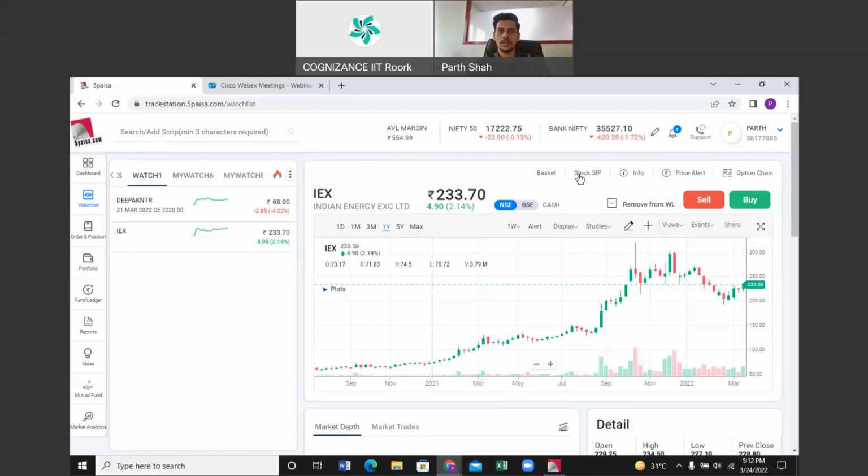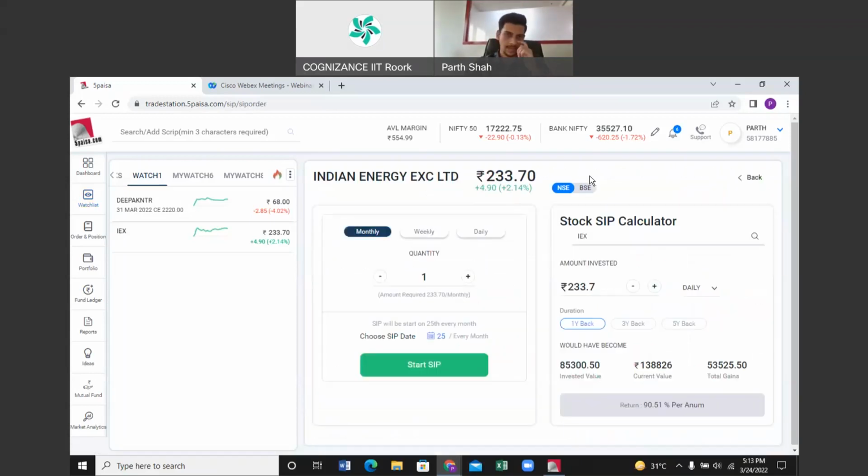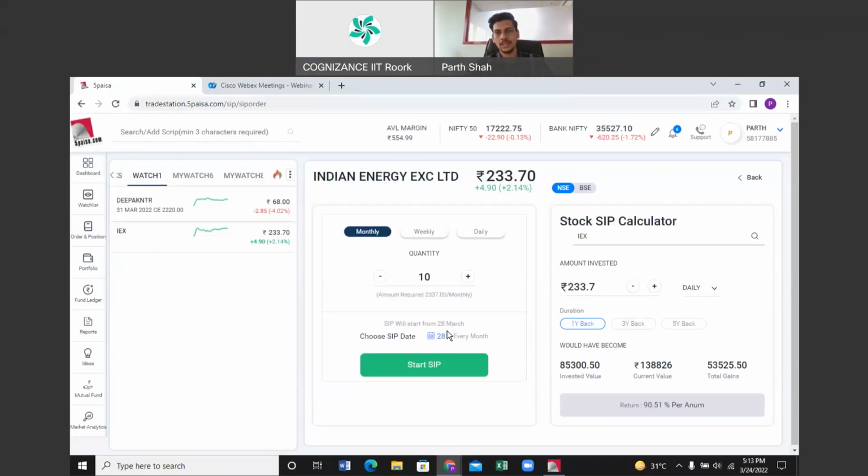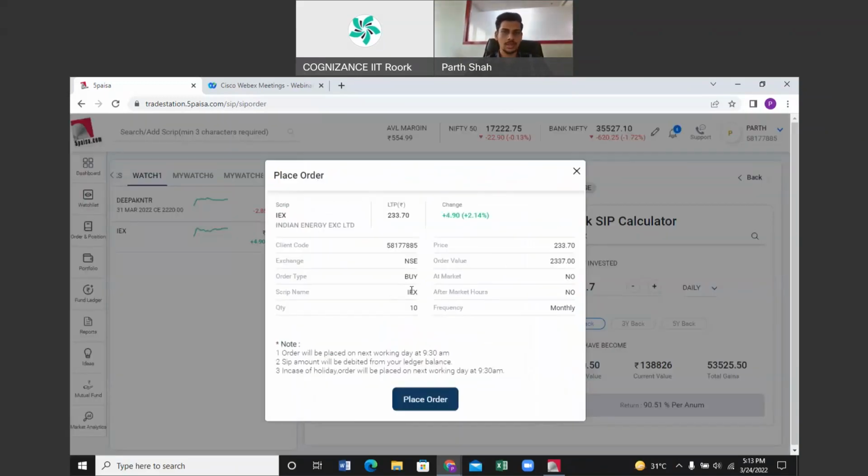If I wish to purchase IEX weekly, then I'll just go to Stock SIP and start by saying that I want to invest, say, 10 quantities of IEX every month on the 28th of the month. I'll click on start SIP. It'll give me the confirmation and I'll click on place order.